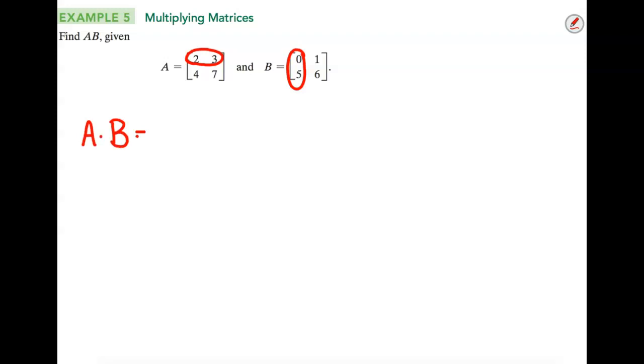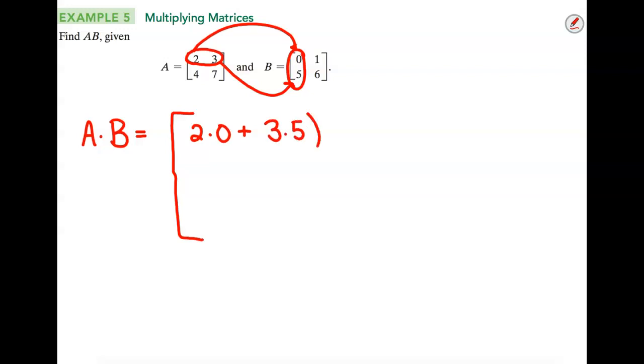So A times B equals, you're going to multiply 2 and 0 together plus 3 and 5 together. And you're going to end up with one element there. All right, and we'll do that in the next step.